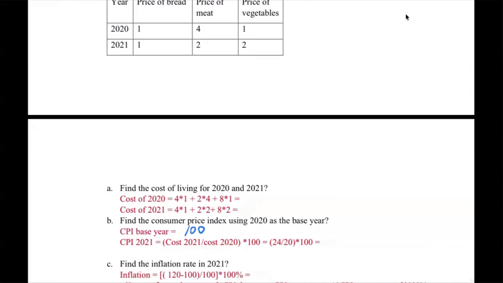Why? Because it's just the cost of 2020 divided by the cost of 2020, times 100. If the numerator and denominator are the same, you always get a constant value, 1, and then times 100, you get 100.